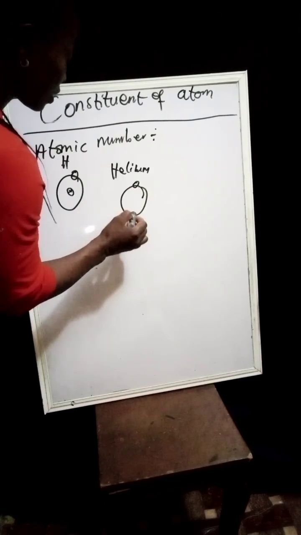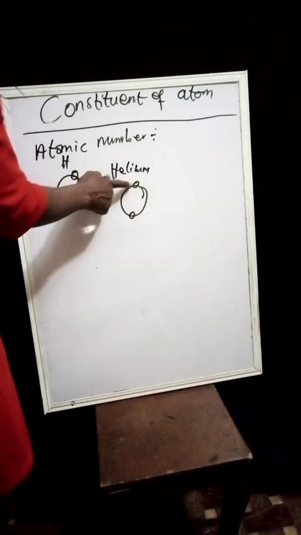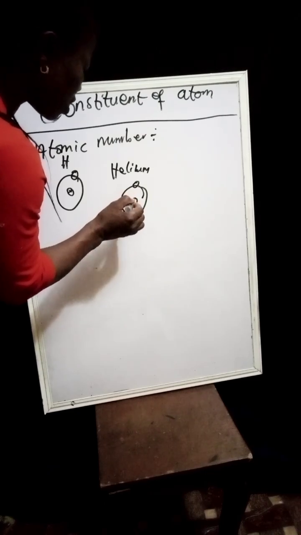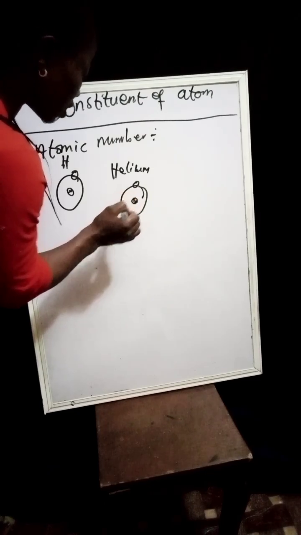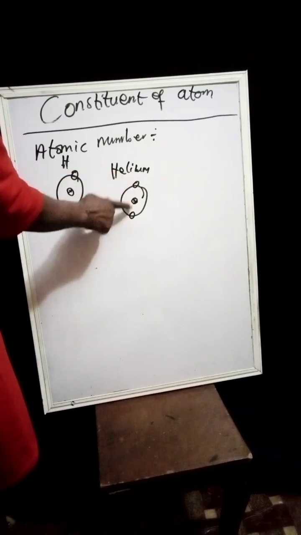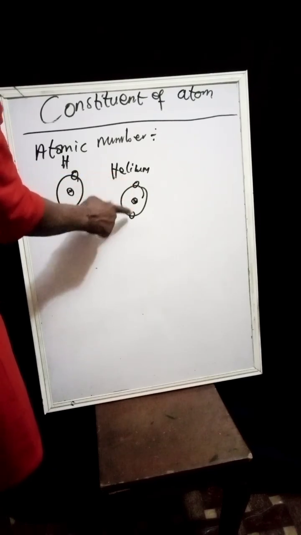So it means that when we look at the atom of what? Helium. For helium to have 2 electrons at its shell, it means that at the nucleus of the helium, we will have 2 positive charges. So you know that this electron has negatively charged particles.